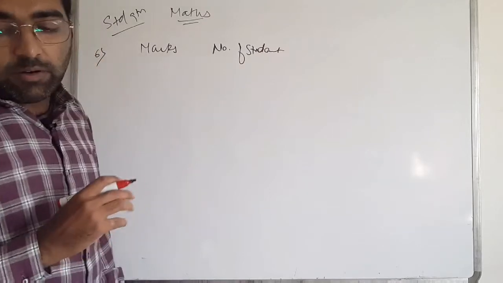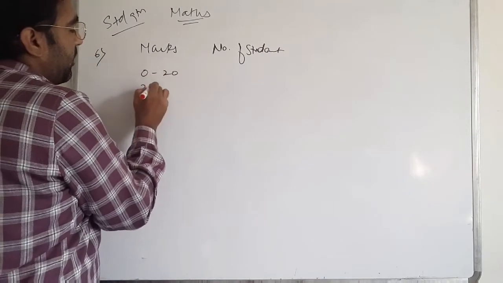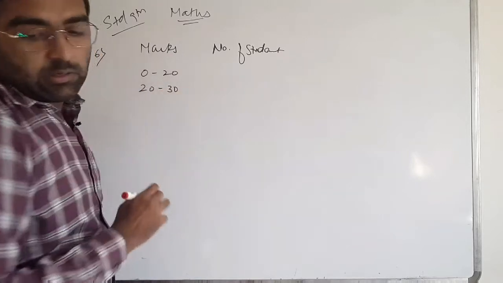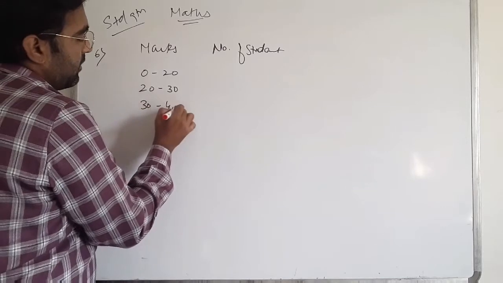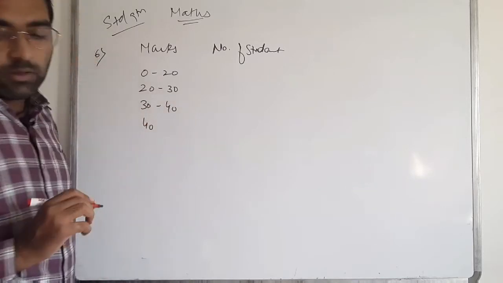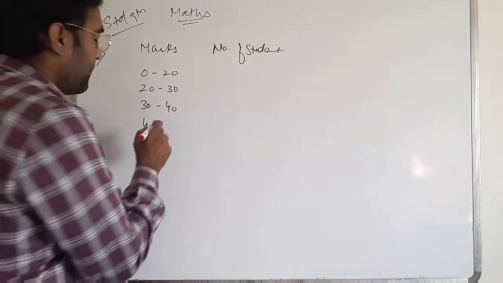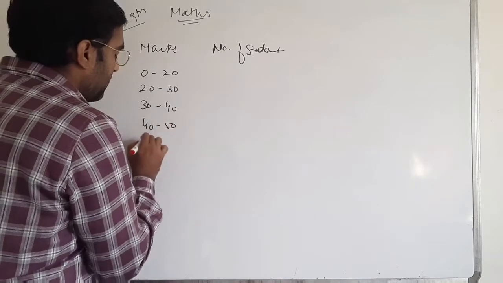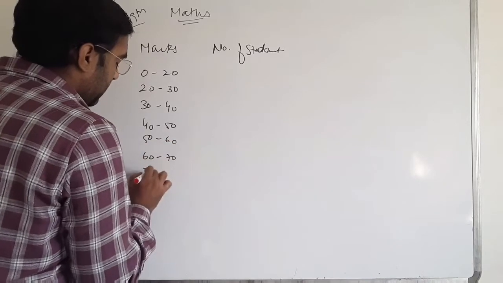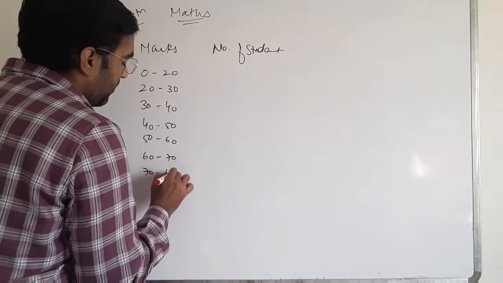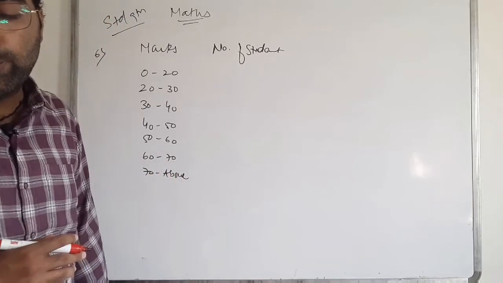The marks are from 0 to 20, 20 to 30, 30 to 40, 40 to 50, 50 to 60, 60 to 70, and 70 and above.